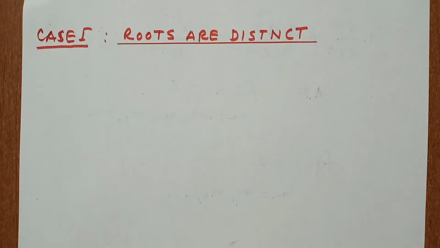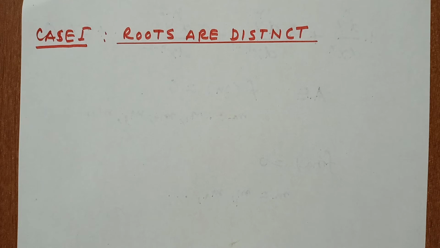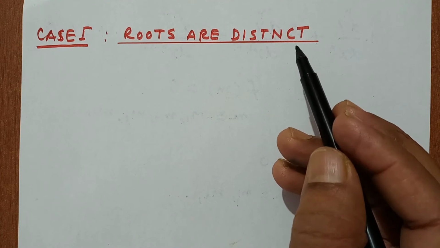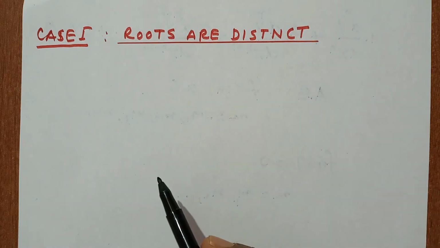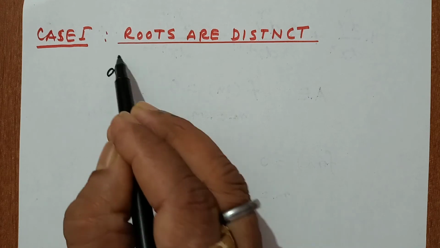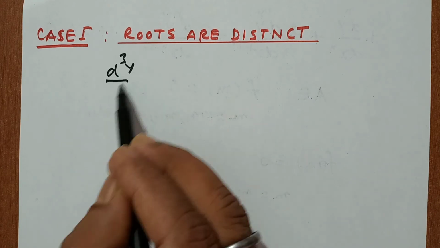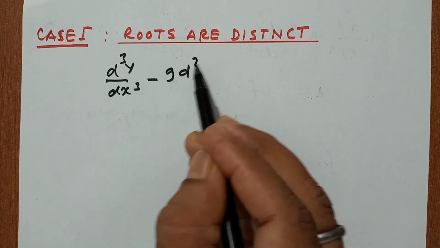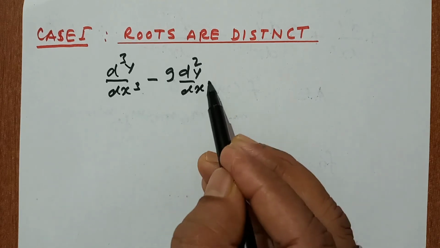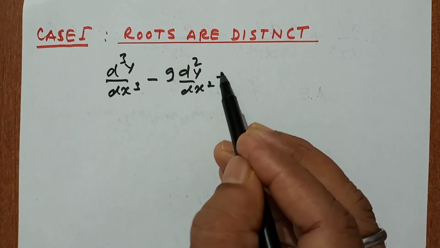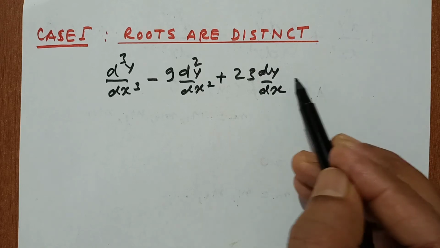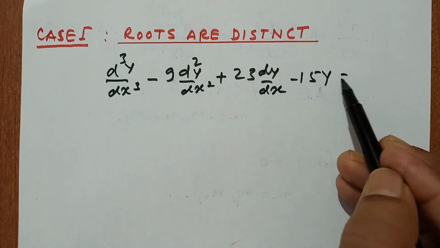Now we will study different cases. First, roots of the auxiliary equation are distinct. Let us suppose this is a differential equation: d3y upon dx3 minus 9 d2y upon dx2 plus 23 dy upon dx minus 15y equal to 0.